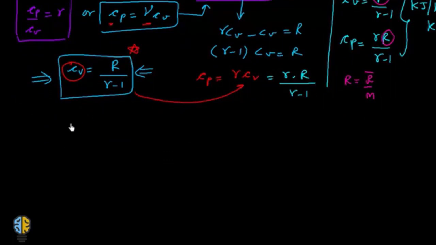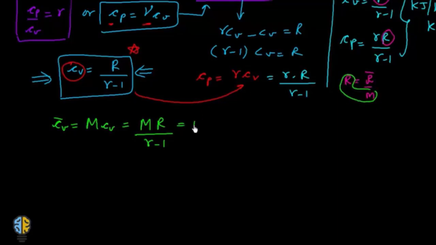I can write Cv bar, which is equal to M into Cv, so this would now become M into R upon (gamma minus 1). Now M into R is R bar, that is the universal gas constant. Similarly, Cp bar is equal to M into Cp, which is equal to M into gamma into R upon (gamma minus 1).